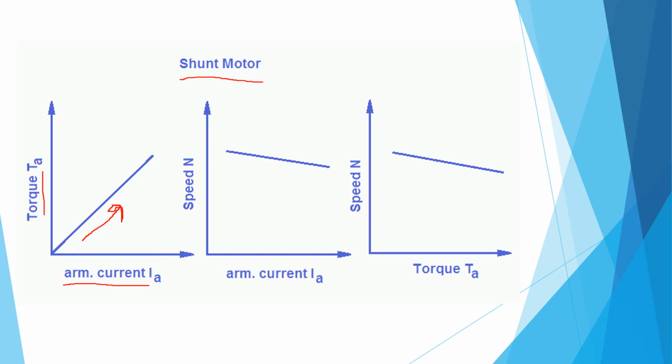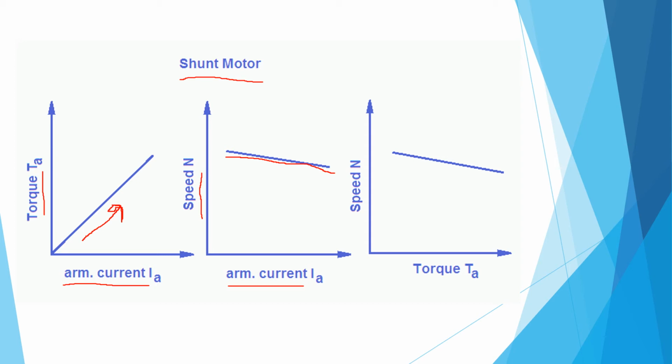When we discuss speed and armature current characteristics, there is a slight decrease in speed. When armature current increases, there is only a small change in speed. That's why we call this a constant speed machine.